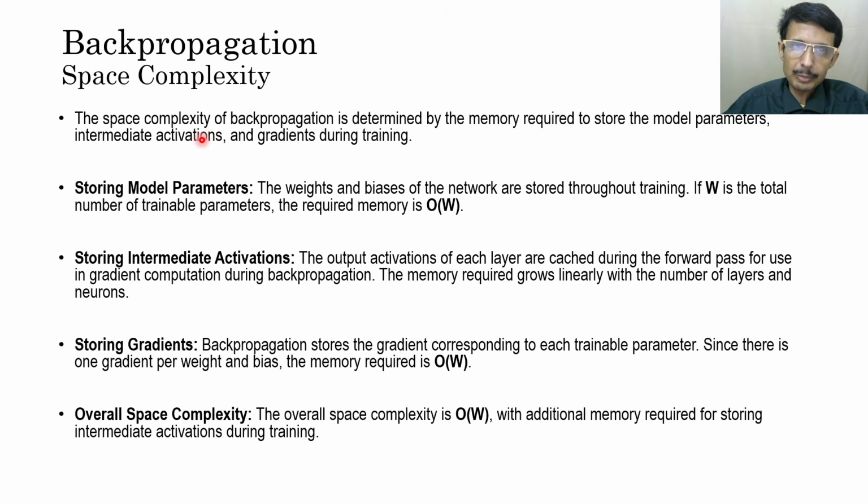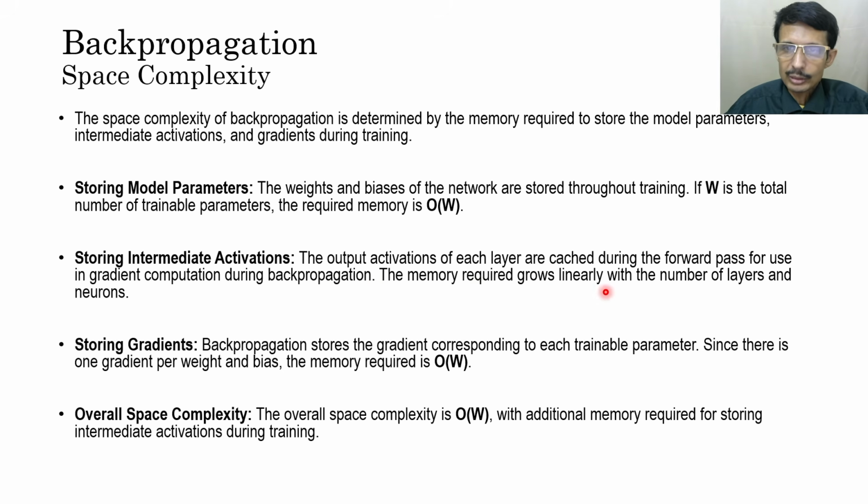The space complexity of backpropagation is determined by the memory required to store model parameters, intermediate activations, and gradients. There are basic important components. First, storing model parameters, the weights and biases of the network, which are stored throughout training. W is the total number of trainable parameters, plus the memory required for that. Second, storing intermediate activations: the output activations of each layer are cached during the forward pass for use in computation.